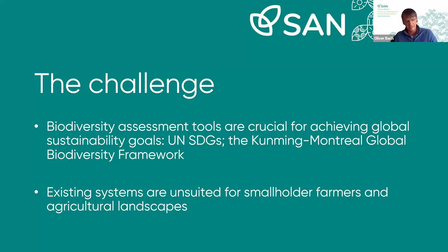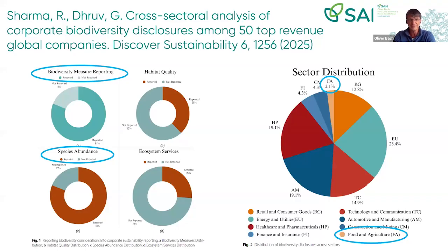I did a little bit of surfing around ResearchGate, recent publications, and many companies are starting to publish their nature performance, biodiversity performance. For food and agriculture, it's only 2% out of the top 50 revenue global companies. And the most common measure reported around biodiversity is species abundance only.